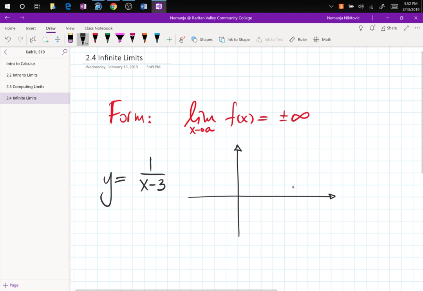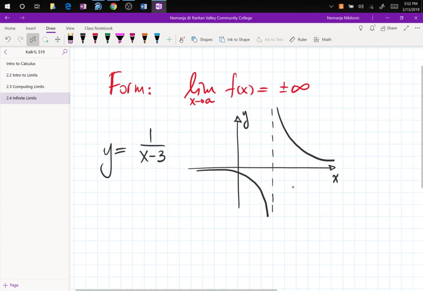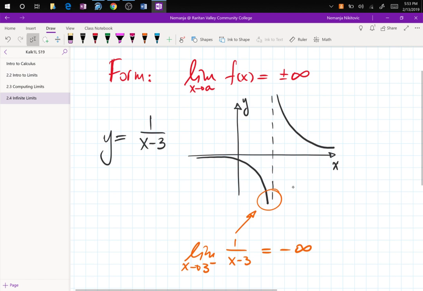Good. So we'll draw our vertical asymptote. Now I am going to draw my orange circle here and point to this limit. X approaches 3 from the left of 1 over x minus 3 is equal to negative infinity. So that is what's happening in this circle.